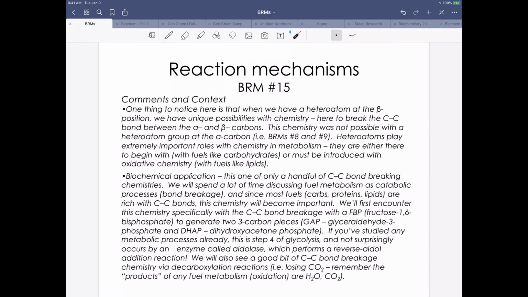If you've studied these metabolic processes already, maybe you've talked about GAP and DHAP. This is step 4 of glycolysis. This chemistry was a reverse aldol, so it's not surprising that this enzyme was named, in a more historical context, aldolase because of that reverse aldol addition reaction.